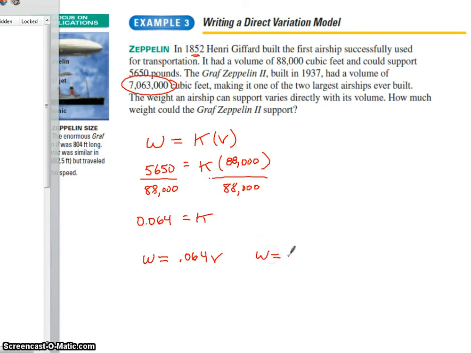So W equals 0.064 times 7,063,000 cubic feet. And when I multiply that, I find out that the weight is 452,032. And that weight is in pounds.